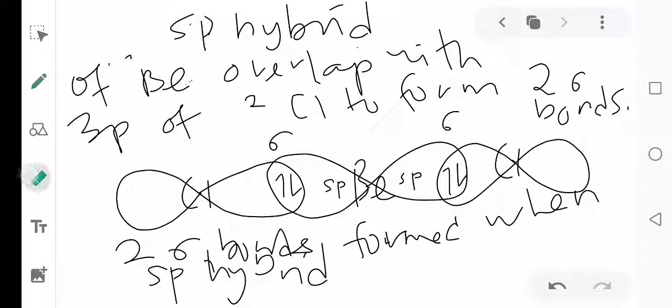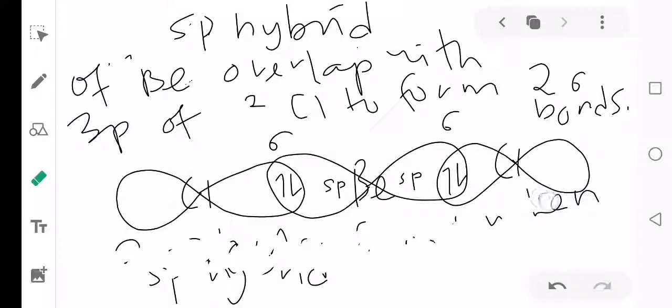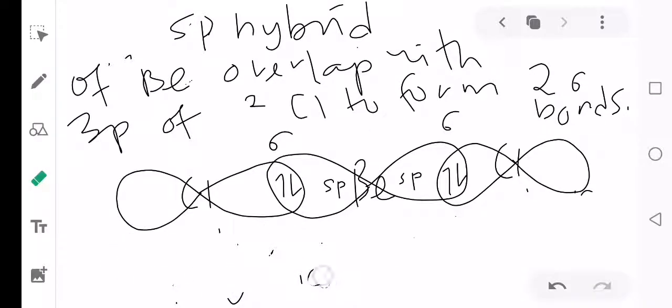Alright, done. So lastly you must explain a little bit about the overlap between beryllium and Cl. So the explanation will be: sp hybrid of beryllium will overlap with 3p of 2 Cl to form 2 sigma bonds. Yeah, we managed to get full marks here.